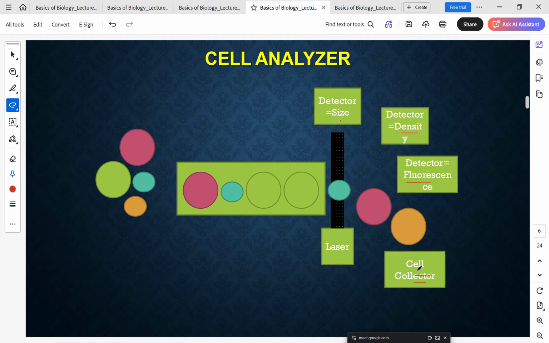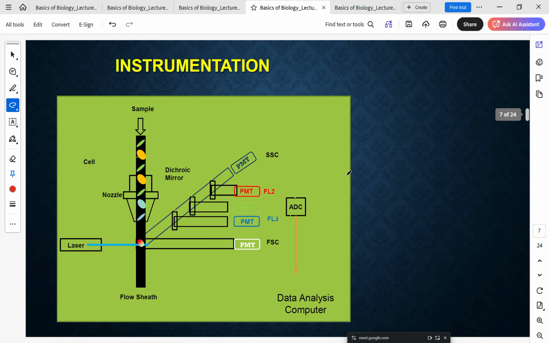If it's just an analyzer, it might not have a cell collector. If it's a flow sorter, it will definitely have a cell collector. Depending on whether you have tagged your cells with any fluorescent or optical dyes, you can separate out your cells accordingly, or separate them depending on the size or the granularity of the cells. So the instrumentation looks something like this.